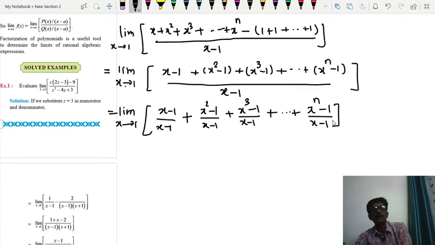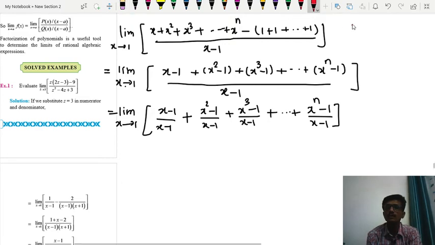Now, as we know, limit x tends to 1, (x raised to power n minus 1) upon (x minus 1) is equal to n.